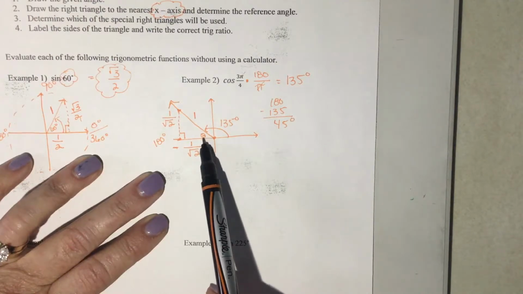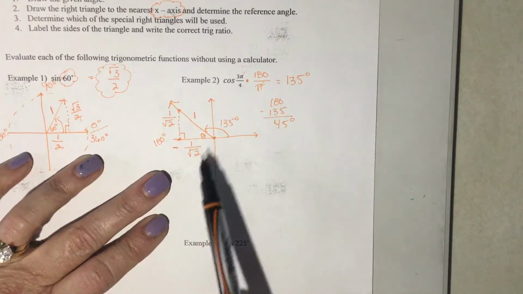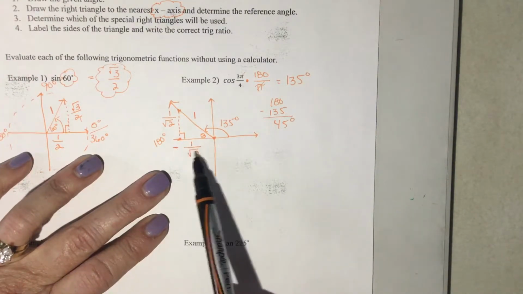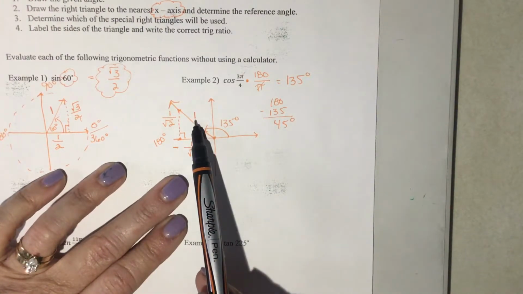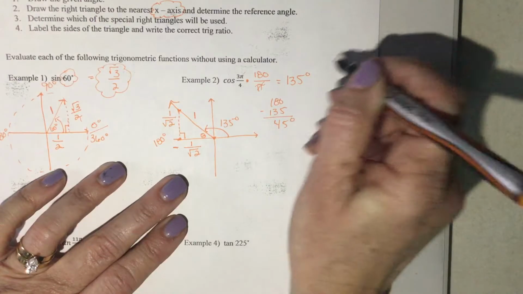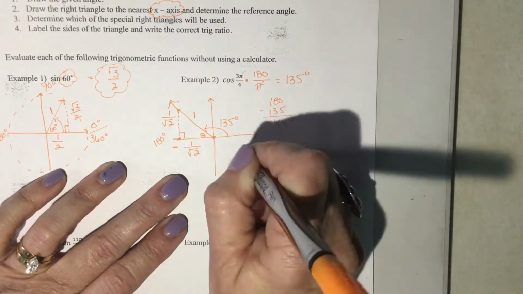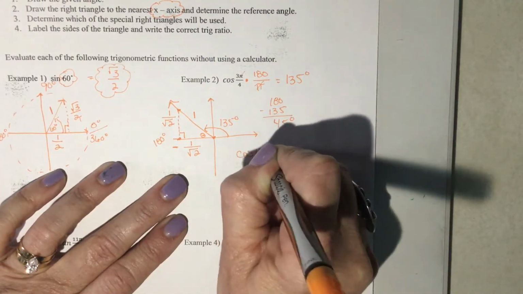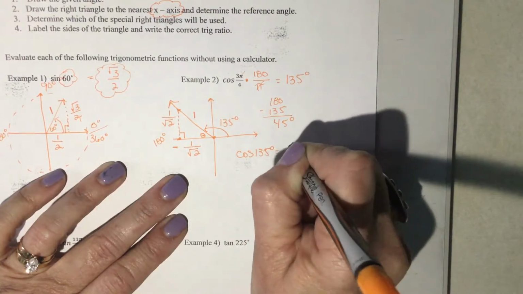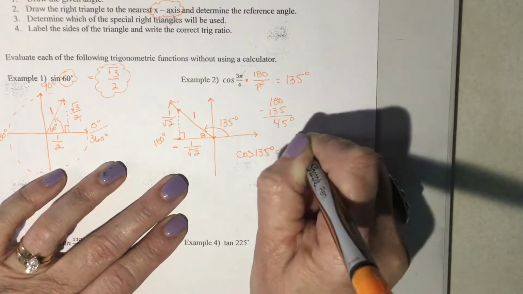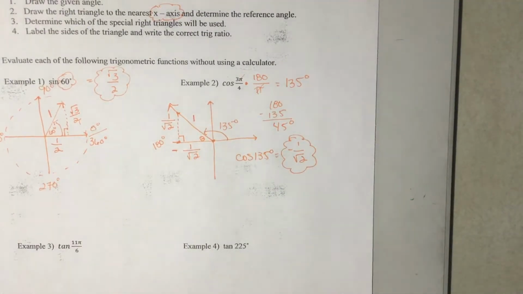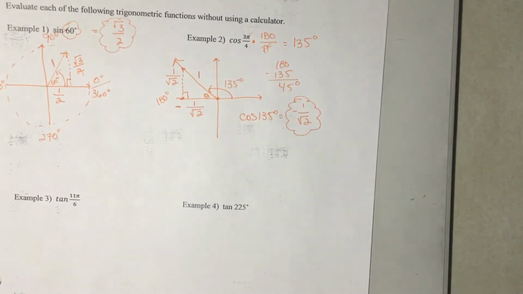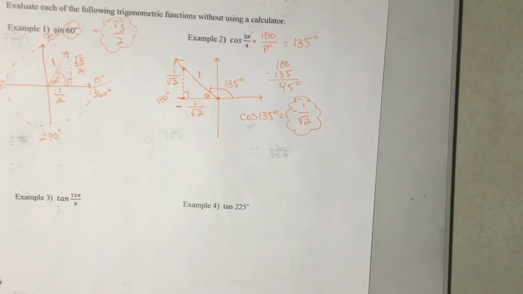So adjacent to my 45 is negative 1 over square root of 2, divided by my hypotenuse, which is just 1. So the cosine of 135 degrees is negative 1 over square root of 2. Okay? Questions on that one?